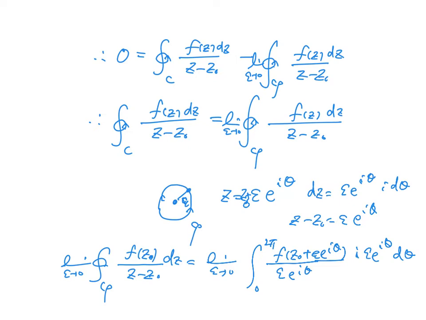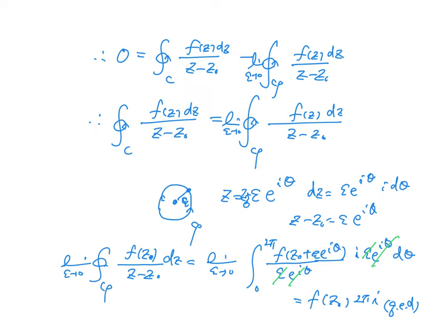But this cancels each other, and when epsilon is going to 0, this is 0, right? You can just put it out. So it becomes f z naught times 2 pi I. So that's the end of proof, QED.